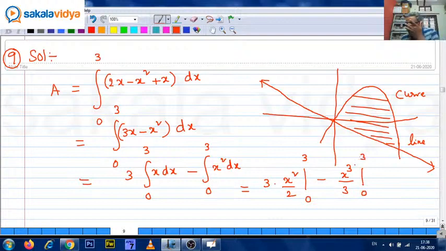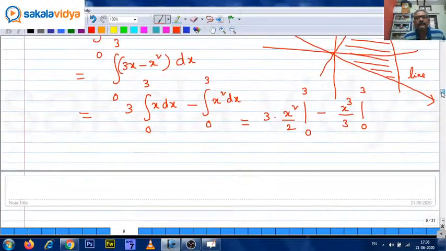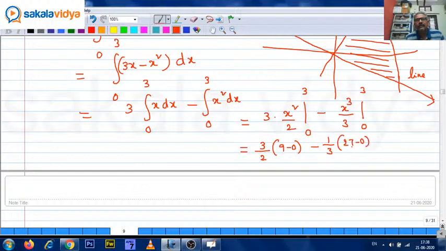So we need to simplify now. What do you get here? 3 upon 2 x square, 3 square, 9 minus 0, minus 1 by 3, 3 cube is 27 minus 0.